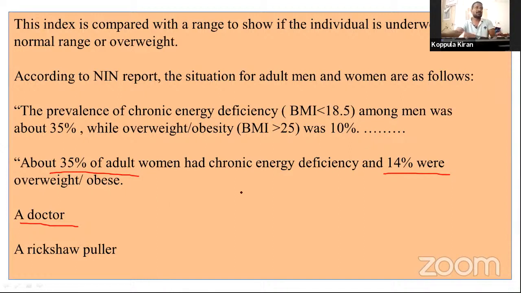Another case is a rickshaw puller. He does his work daily as a rickshaw puller. He gets 70 to 80 rupees per day. His income per month is 2100 to 2400.